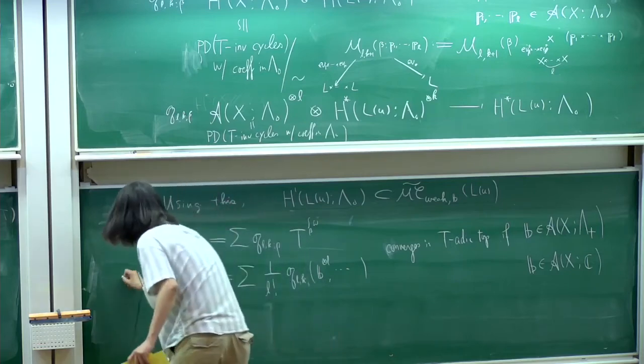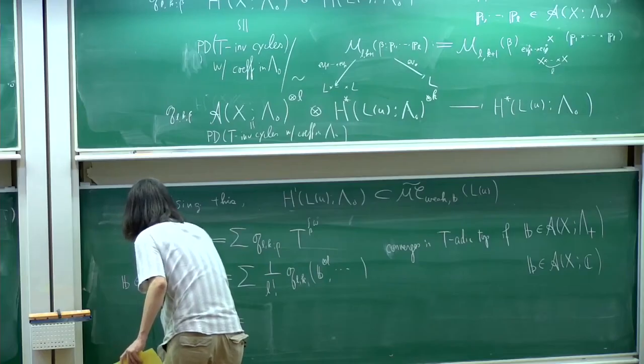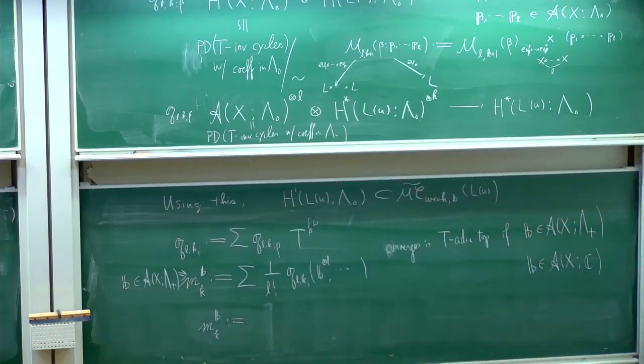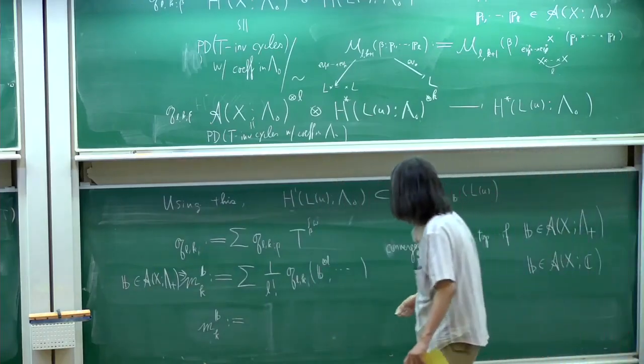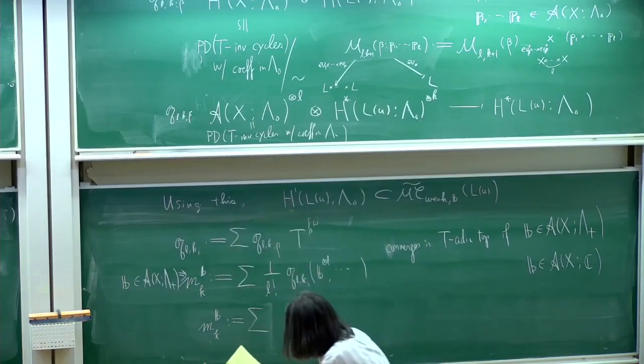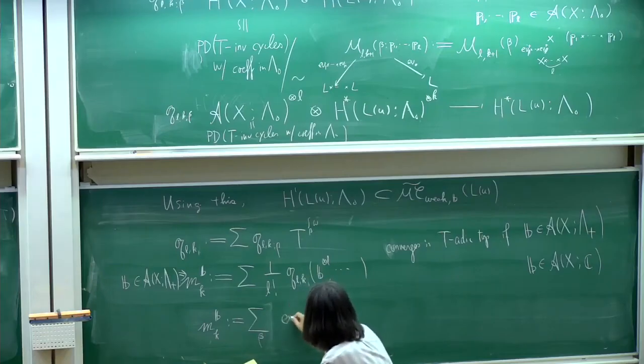So this is for B in this A_X lambda plus, and then we can define this way. And in general, we consider the following. So this is the sum, and this. Okay. So here is the sum over beta, and then here I take the exponential of integrating b2 over beta.